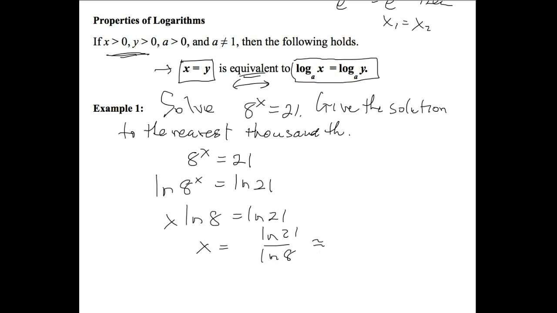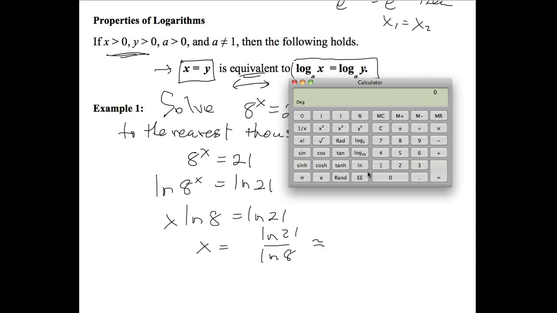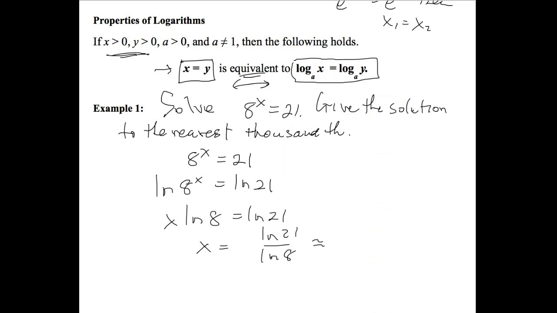That will be approximately, with a calculator, the ln of 21 divided by the ln of 8, and this gives us 1.4641, and to the nearest thousandth would be 1.464. So our solution set is 1.464. Okay, so that's how we do our first one.